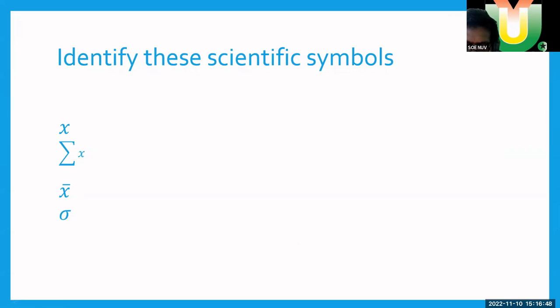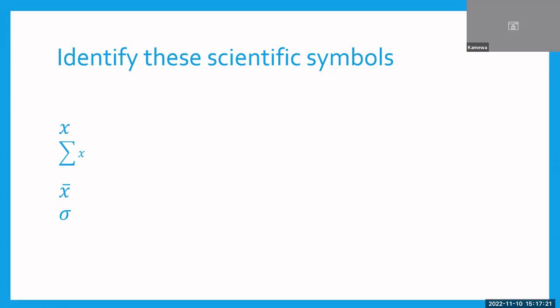This is important because we are going to talk about scaling scores, which involves these scientific symbols. So to make the formula easy, we need to know what the representation of each of these scientific symbols is. Any idea?